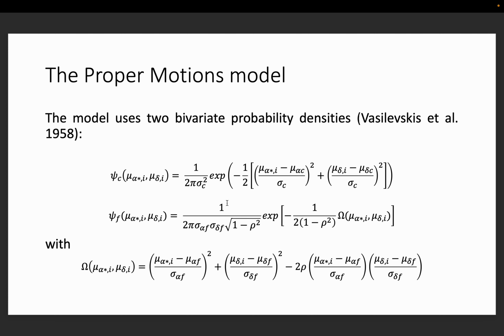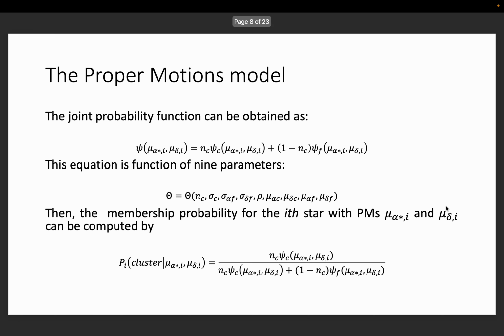So the proper motions model is very simple. It only uses proper motions in right ascension and declination, and uses two probability density functions: circular for the cluster, and elliptical for the background. We can combine these two probability density functions to find the joint probability and use Bayes' theorem to estimate the membership probability for a star to belong to the cluster and to the field, on the basis of the proper motion of the star.